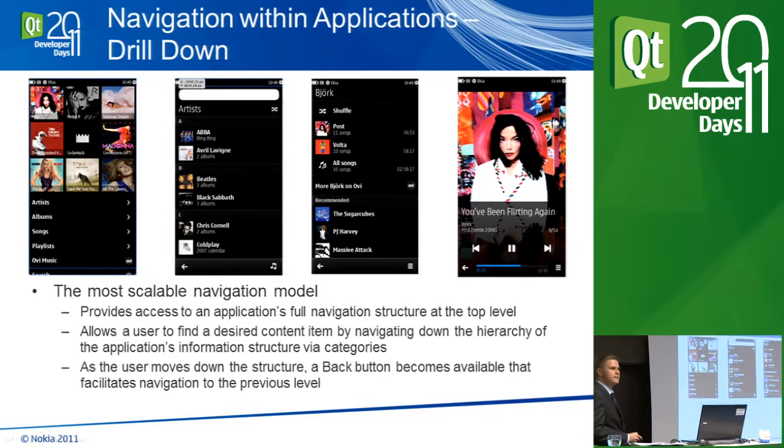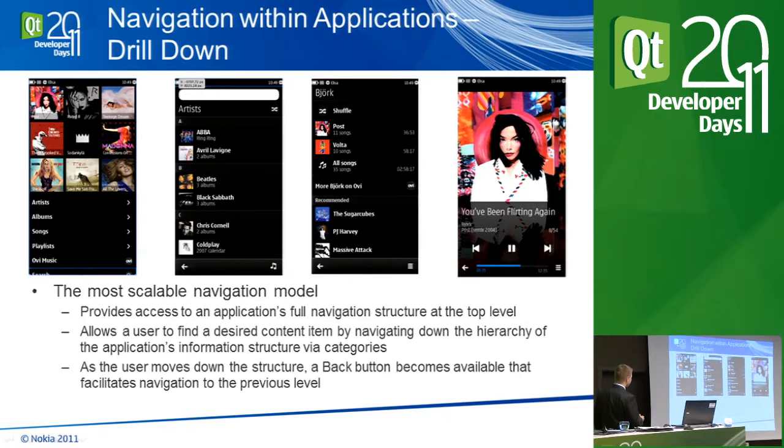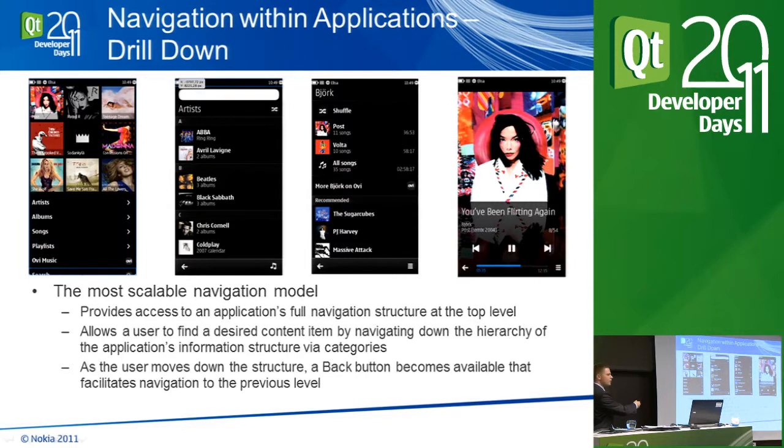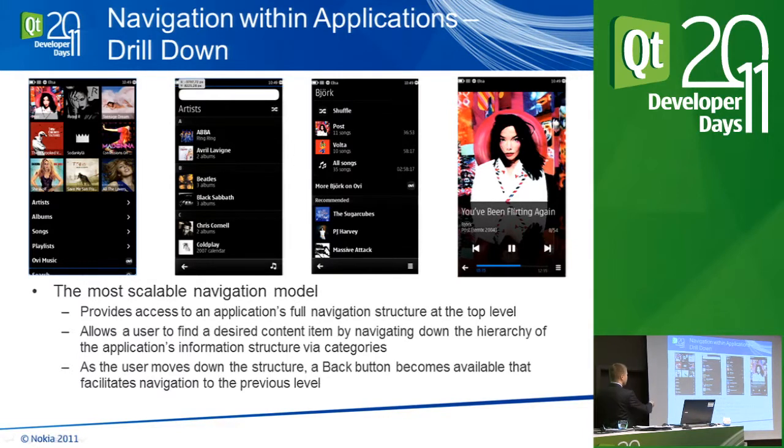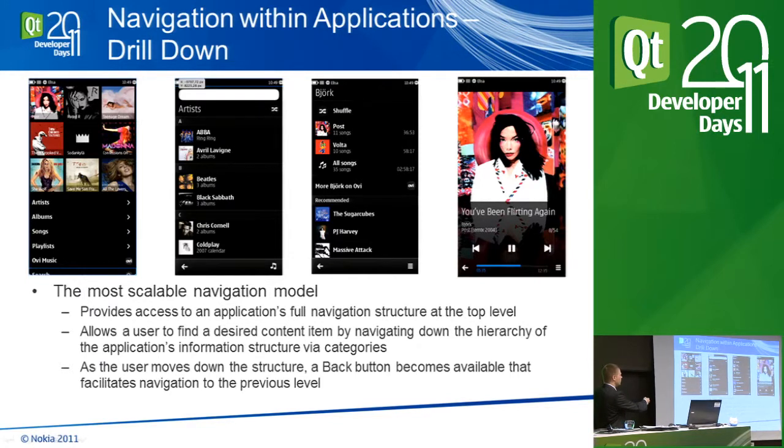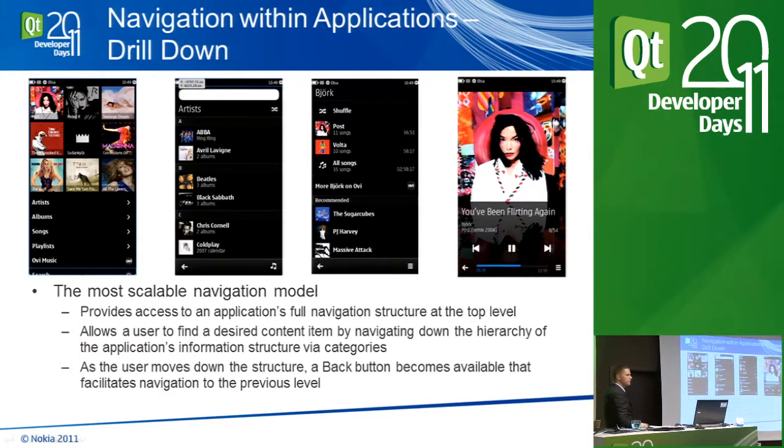I don't know if you can see it clearly enough. But in this example, we have a number of albums, and we can select different views, basically to our music library. We can browse by artists, albums, songs, playlists, etc. So when we select one of these, we go into another view with more details.